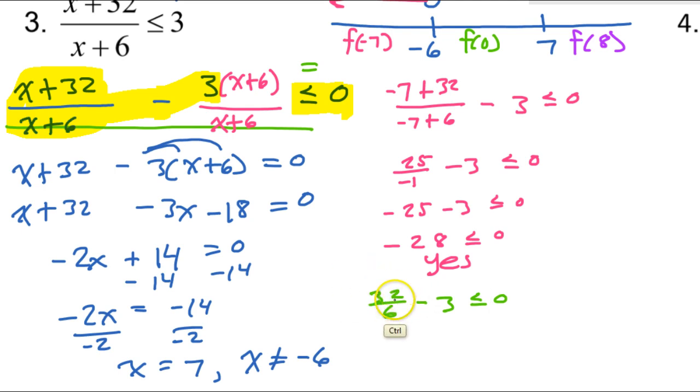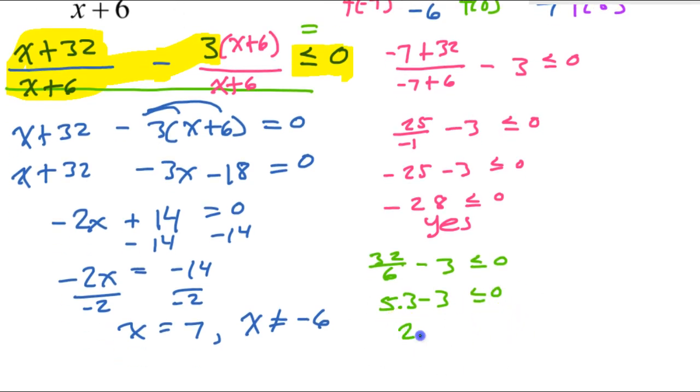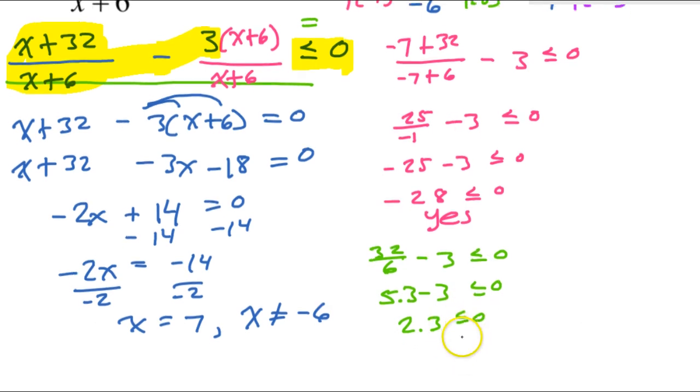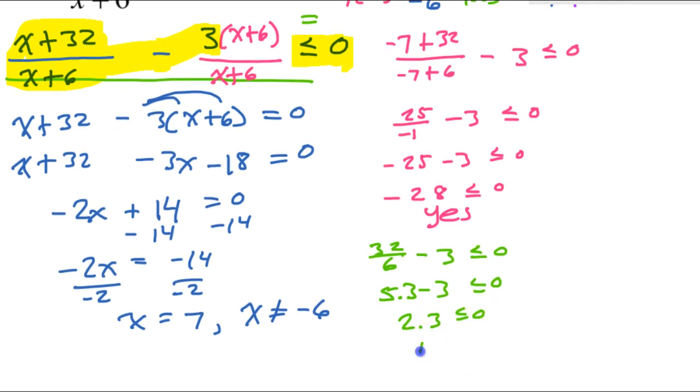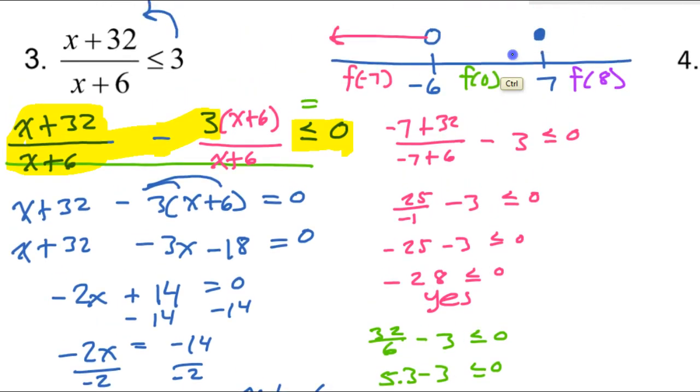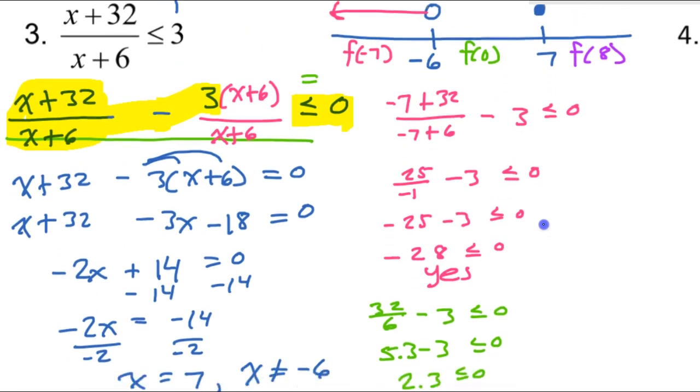Okay, this is going to be 5 point something. 32 divided by 6 is 5.3. So 5.3 minus 3 is going to be 2.3, approximately. What matters is that this is a positive number, so that is not going to be less than or equal to 0. So that's a no. So there will be no solutions in this interval.